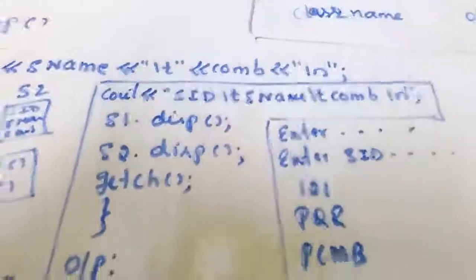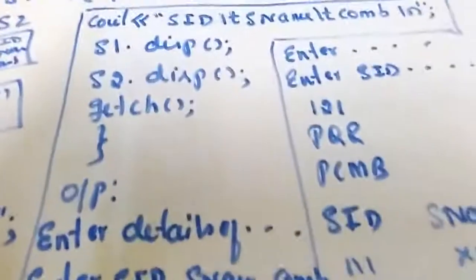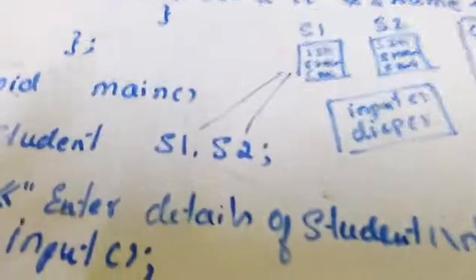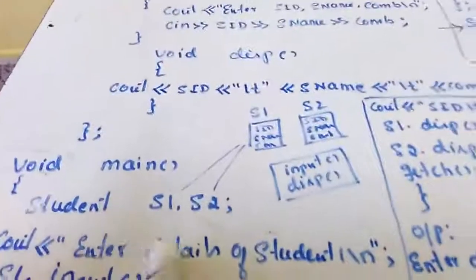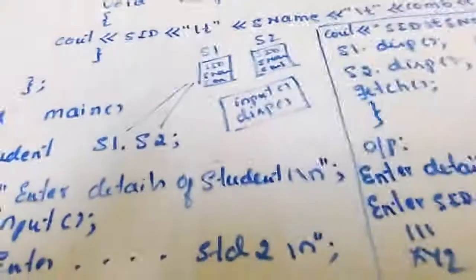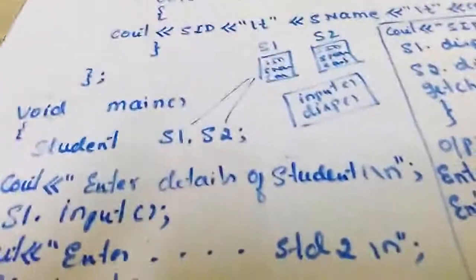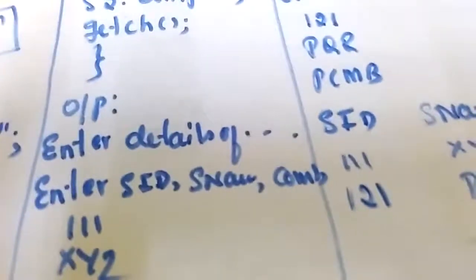Let us discuss the output here. You know that execution always starts from the main function. So which is the first cout statement here? Enter the details of a student. After that, S1.input is there. So S1 is going to call the input function.